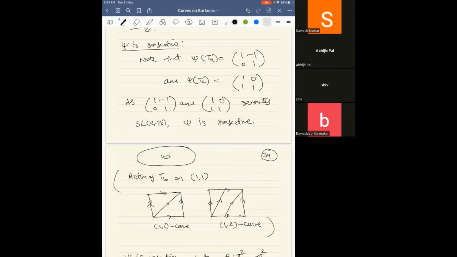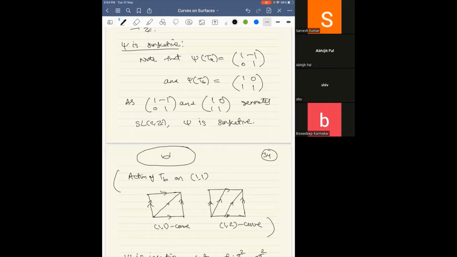As 1 times A plus 0 times B. So that's the first column, 1 0. Similarly for T_B, the second column: T_B at B is B, and B is 0 times A plus 1 times B. So that's why the second column. At least this you can see.